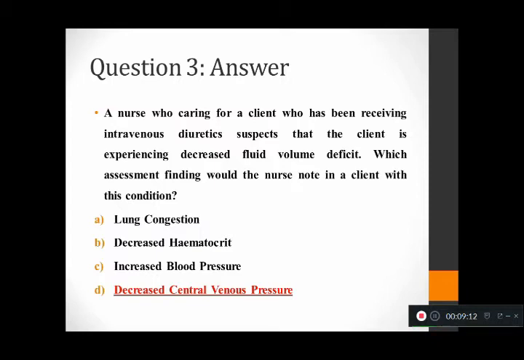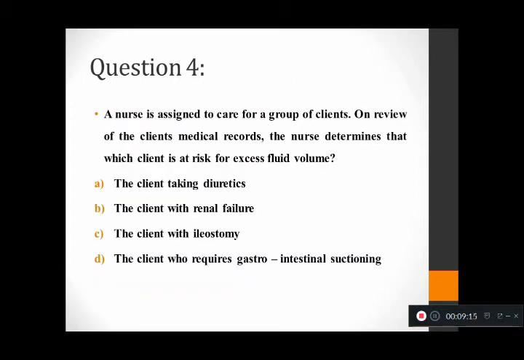Now let's go to question number 4. A nurse is assigned to care for a group of clients. On review of the client's medical record, the nurse determines that which client is at risk for excess fluid volume. So again the nurse is caring for a group of clients, the nurse is reviewing the medical record of the clients, the nurse determines which particular client will be at risk for excess fluid volume.